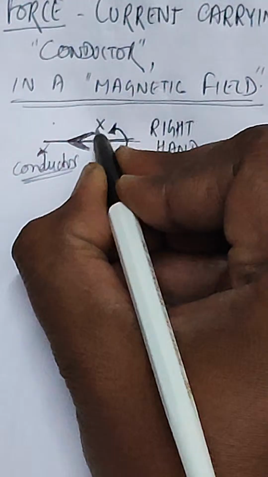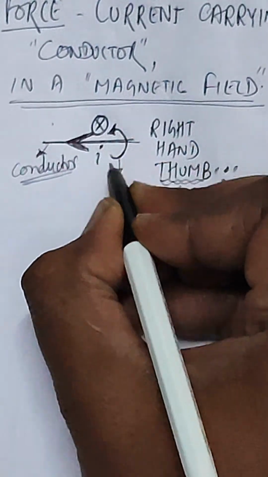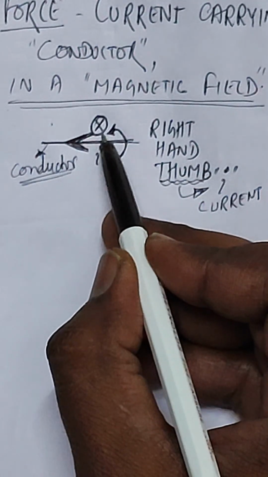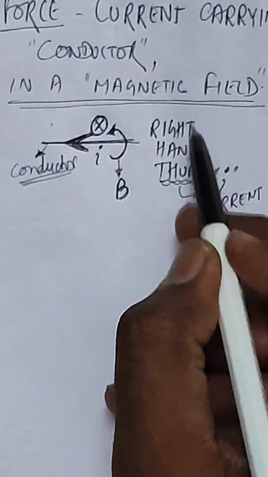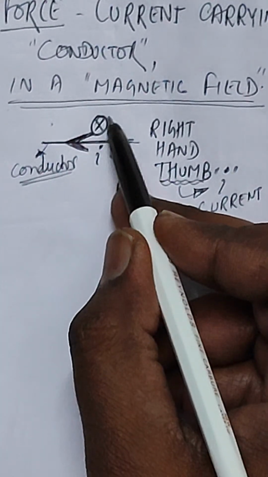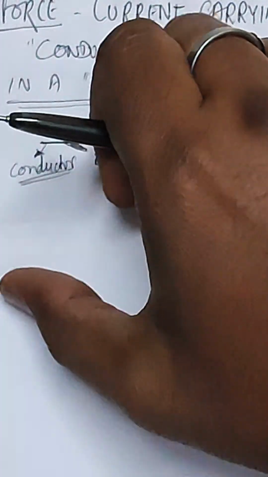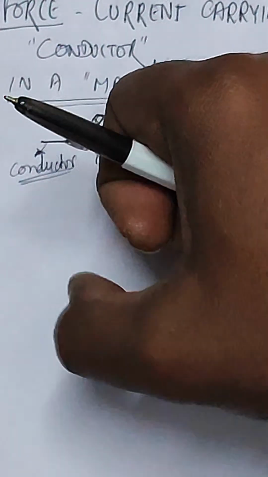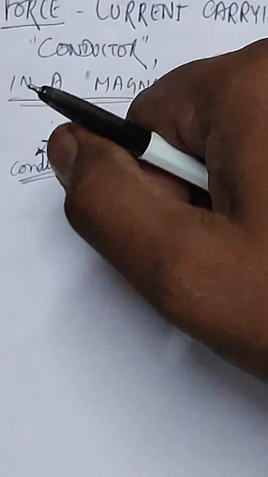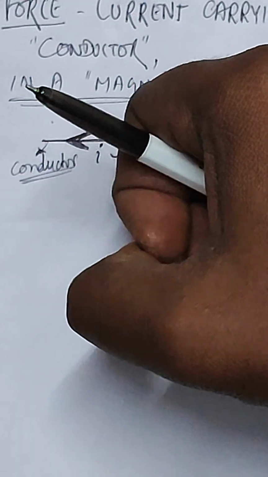So just make a cross mark. That means it is entering the plane of the paper above the conductor. When you hold it like this, you can see the fingers go below the pen and then come out.